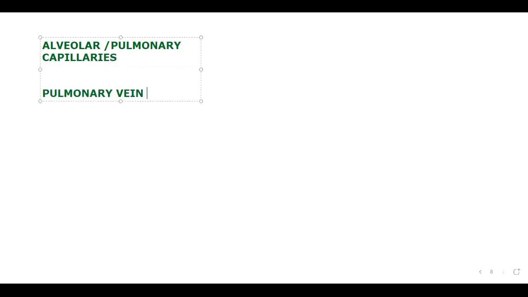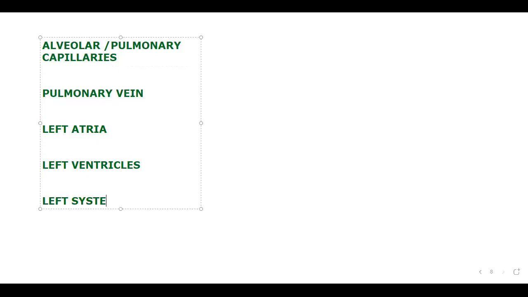From alveolar or pulmonary capillaries we reach the pulmonary vein. Pulmonary vein opens into the left atrium. Left atrium opens into the left ventricle. Left ventricle opens into the left systemic aorta.